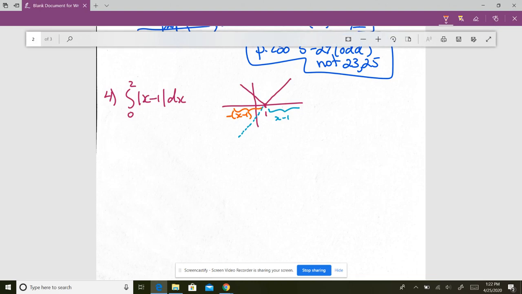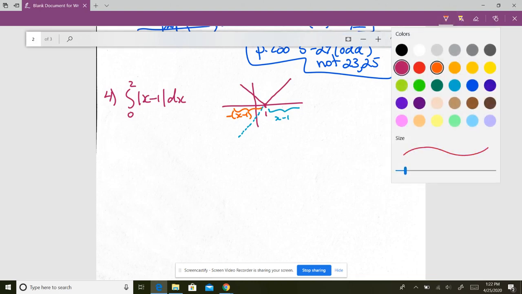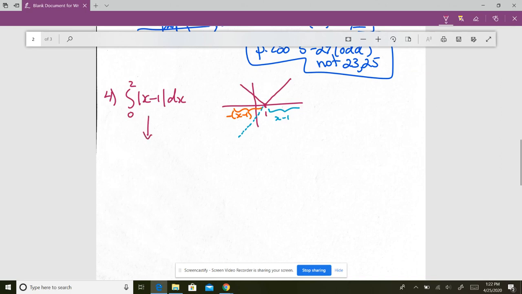So there's two parts of this integral, and it's divided at 1 here. To get the area from 0 to 2, I want this area and I want this area.